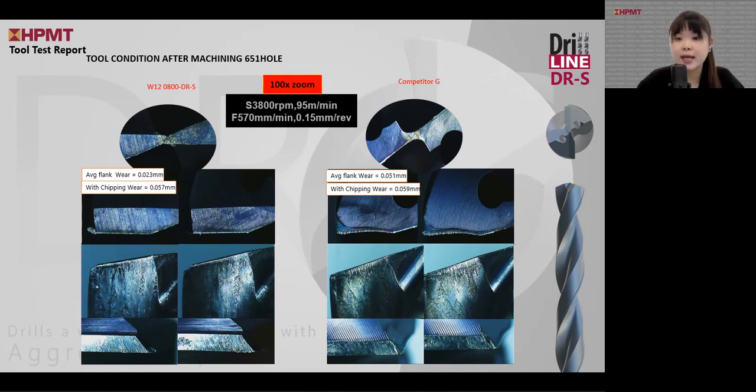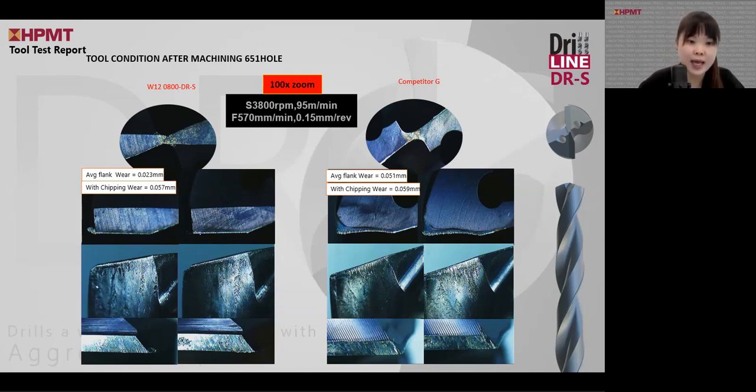Okay, what we can conclude from these two tests is that, in terms of our cutting tool's performance, we can work under different cutting parameters. It doesn't matter whether you are trying the conventional one or the aggressive one.